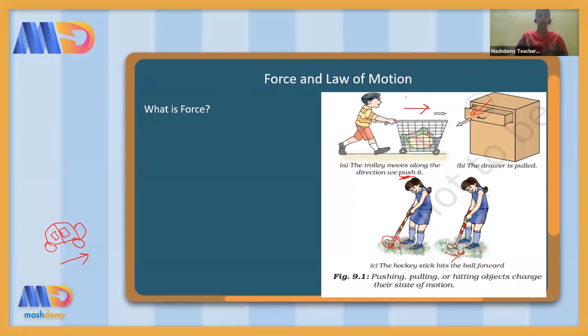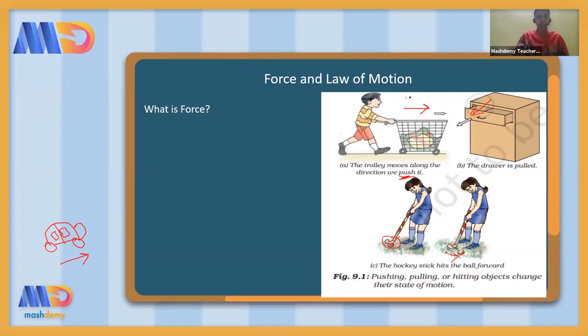From the given examples, can you tell me what are all the actions that change the object from its rest position? So what is this guy doing? No, that is a measurement, Gagan.